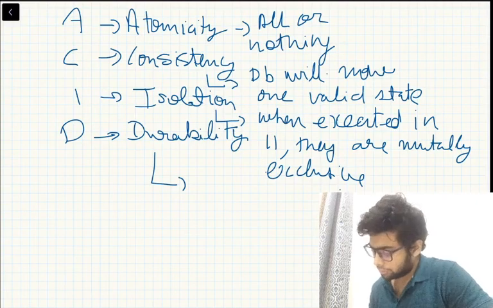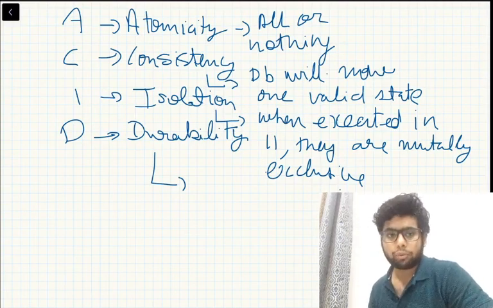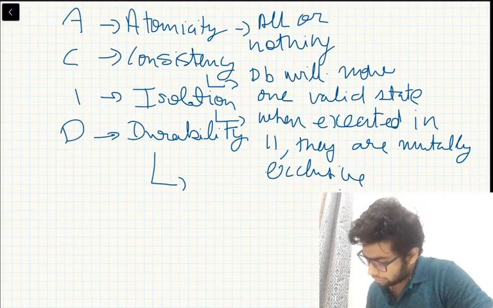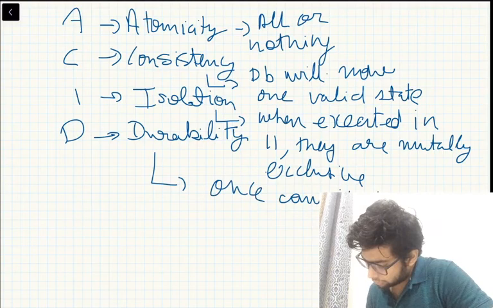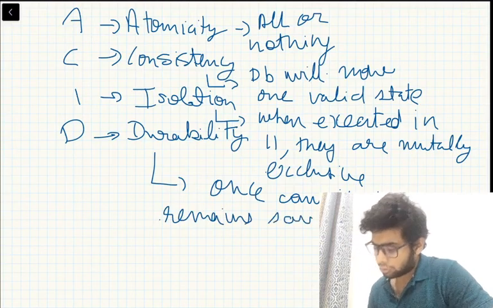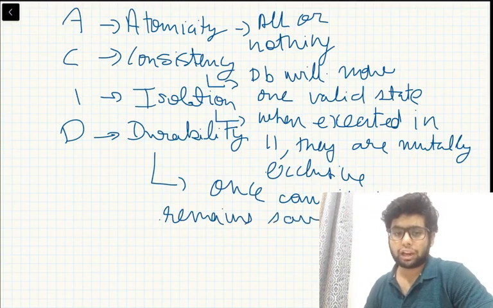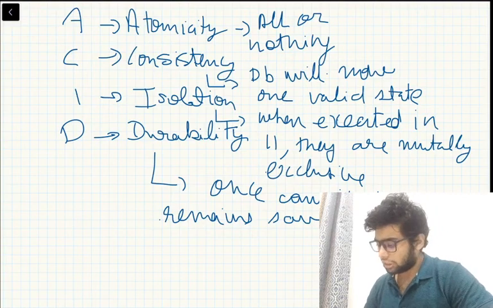Right? So durability is: once committed, remains. So these are the four transactional guarantees that are given to us by relational databases.